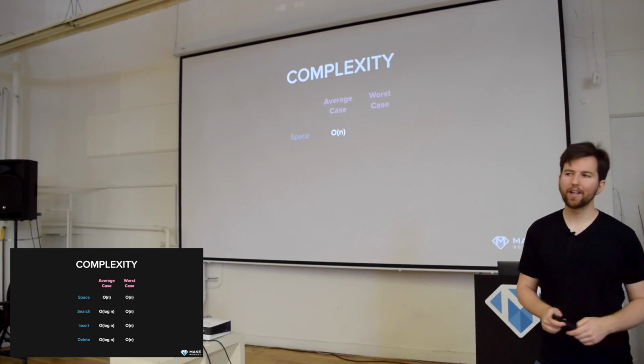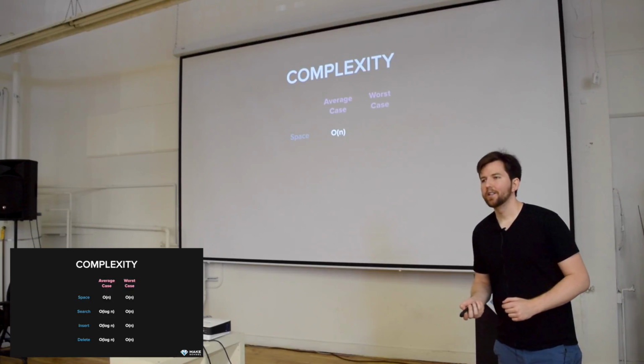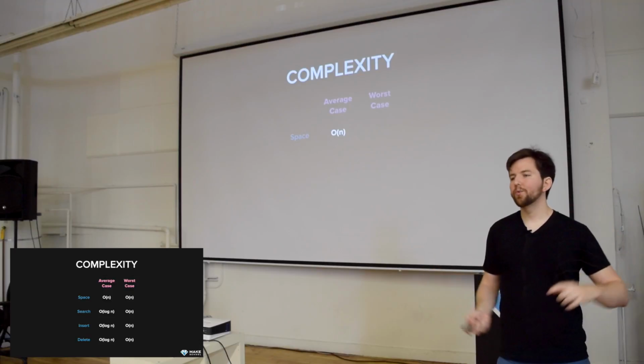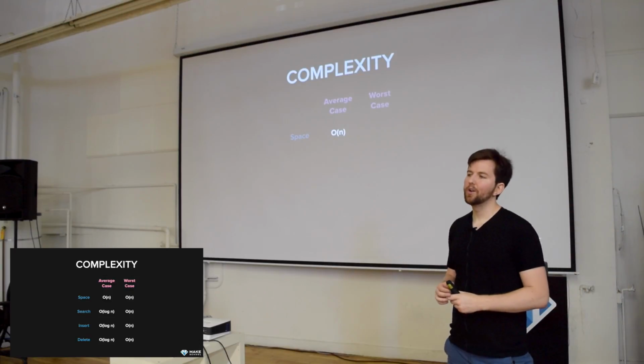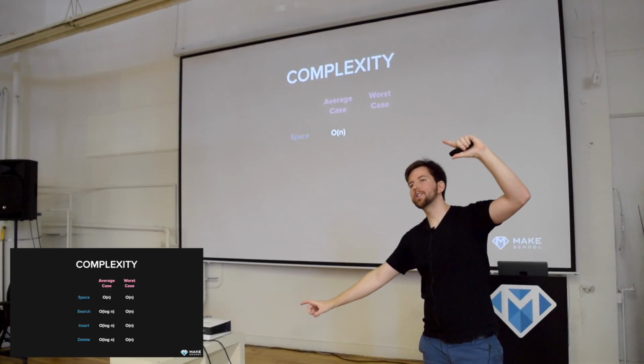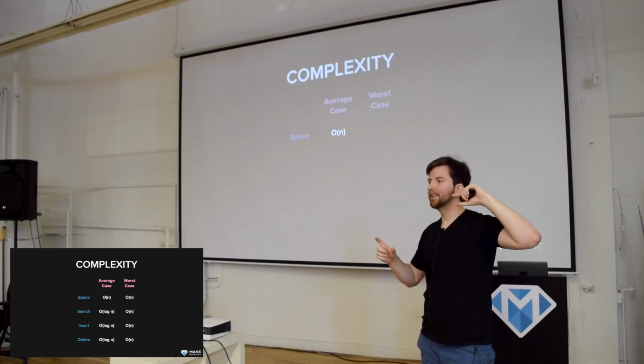Well, actually, let's sort of define what the worst case is. So given a binary search tree, what is the worst case? Well, the worst case would be if our binary search tree actually was just a big, long line of nodes that only had one child.